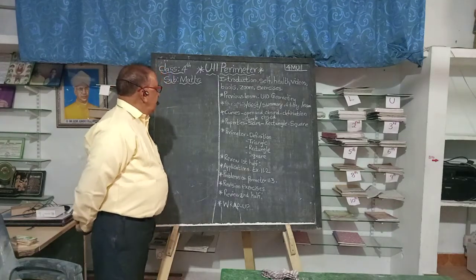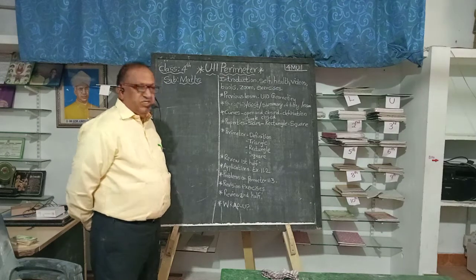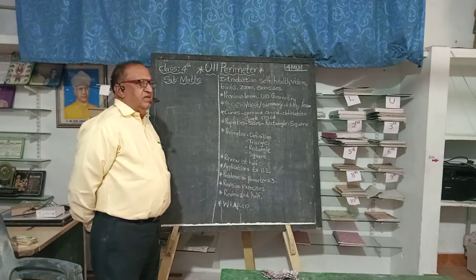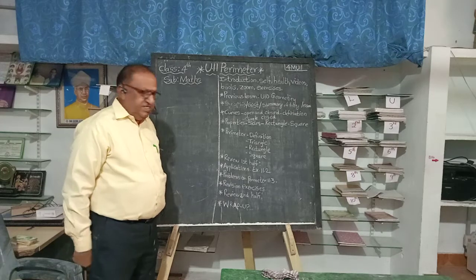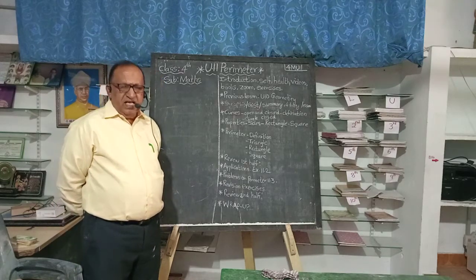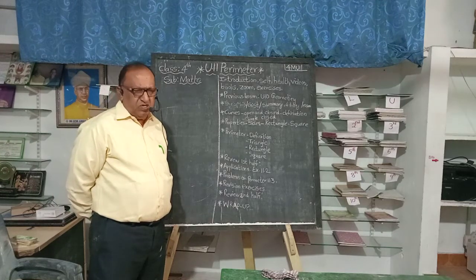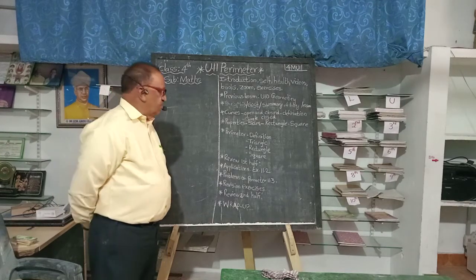Now, in the previous lesson, I taught geometry. There I defined what is a point, what is a line segment, what is a ray. There also I told you about what is a simple closed curve and an open curve.